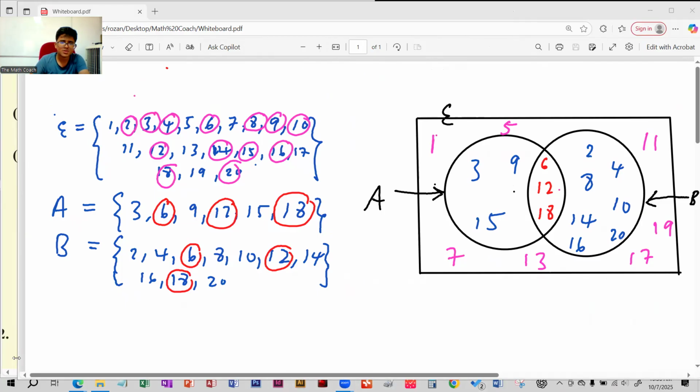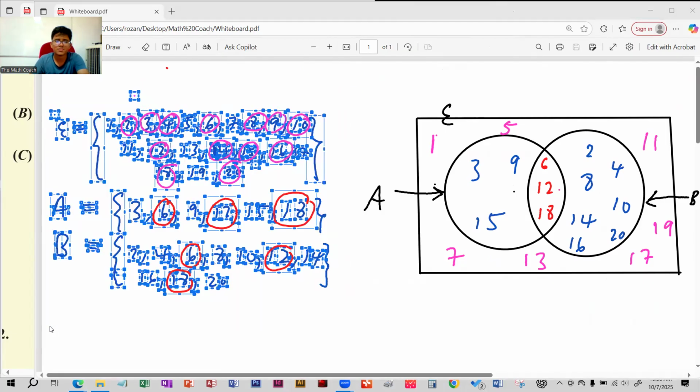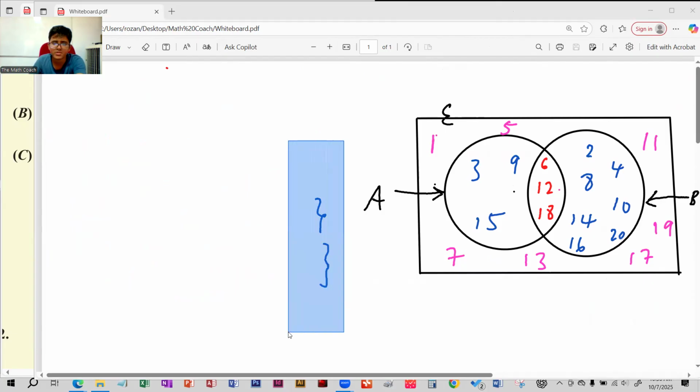So just note down this Venn diagram, and let's go to the next question. Now I think we don't need this part.